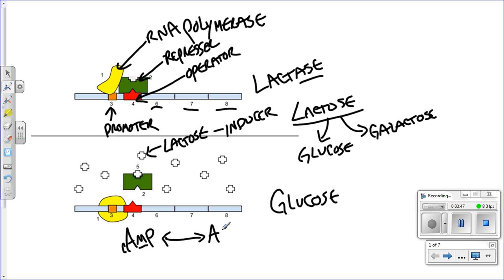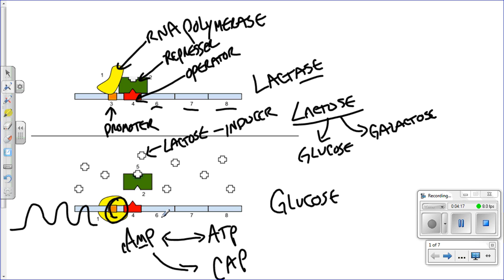And ATP, when it gets used, turns back into AMP. Since it's called cyclic, that must mean that in the life cycle, it cycles in the amounts inside the cell. So cyclic AMP attaches to the catabolite activator protein, called CAP.